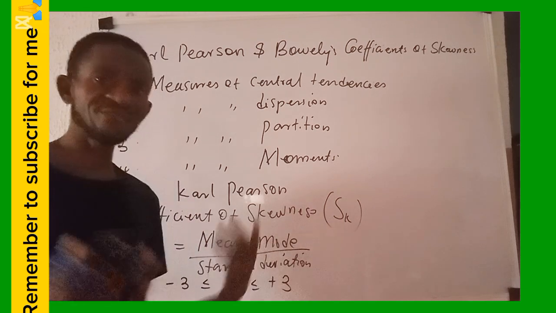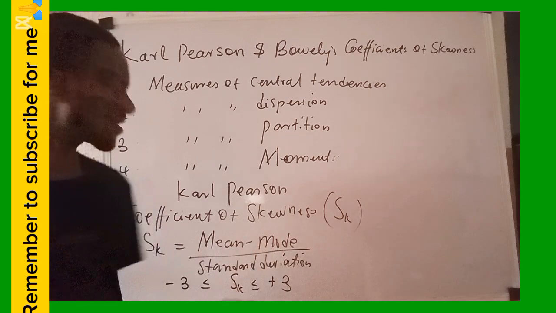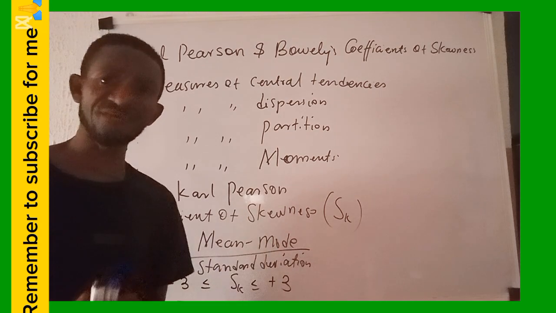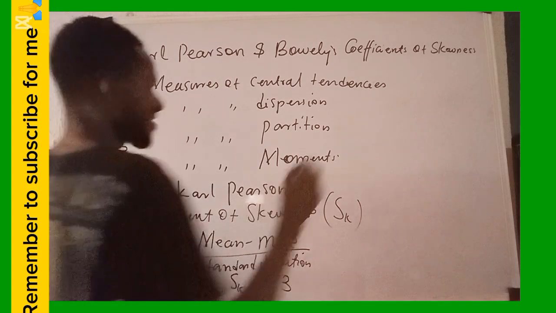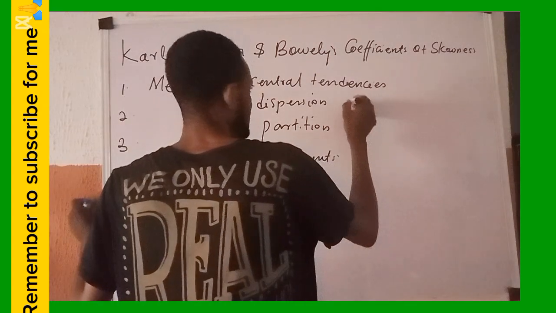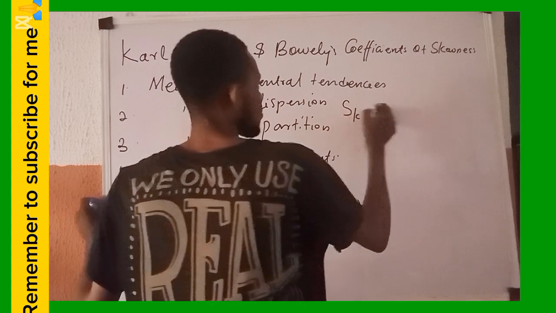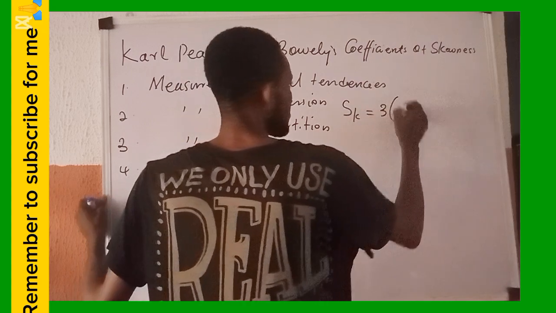And the man is saying that in a situation where the mode of the data set is not given, you can use this formula to arrive at the same thing. That you can say that my S subscript K will now be given as 3 into what?